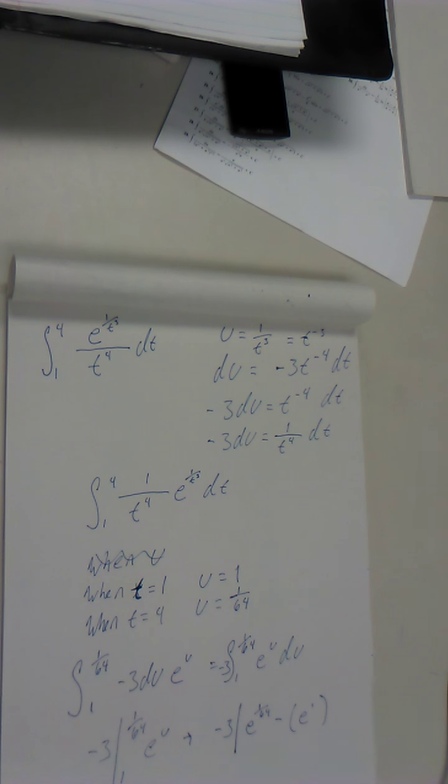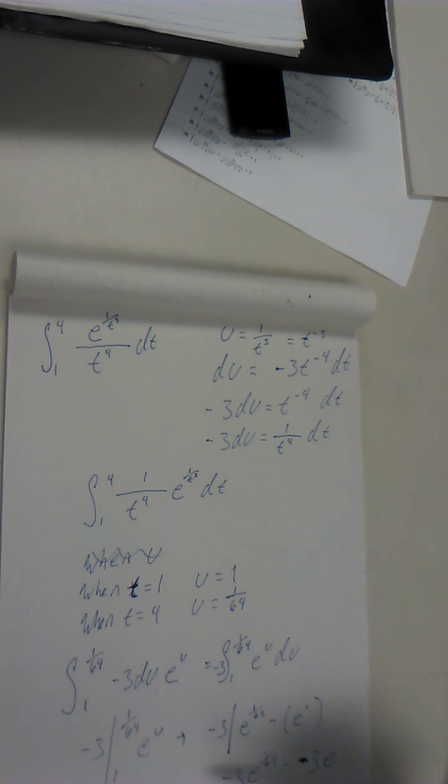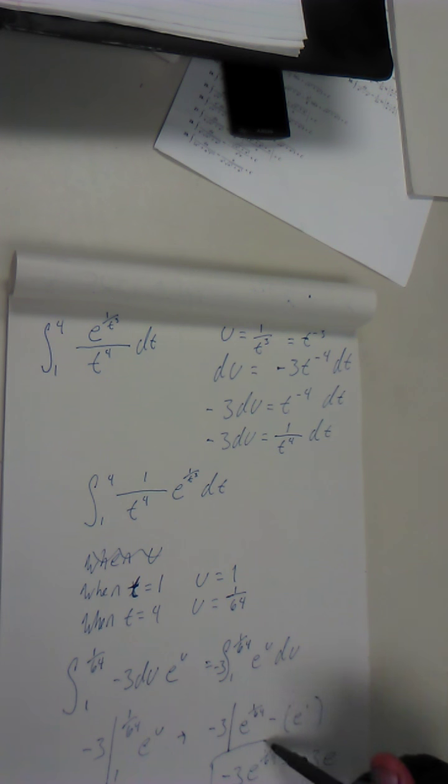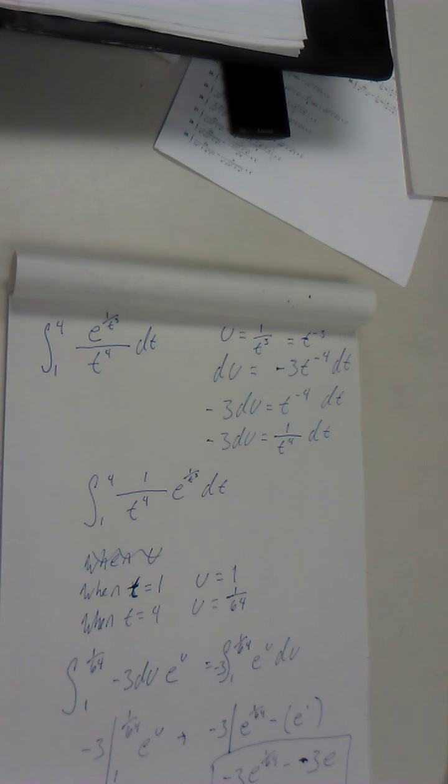Remember, e to the 1 is just simply e. So when we distribute this negative 3, we're looking at a negative 3 e to the 1 over 64 minus a 3e. I'm sorry, minus a 3e, when you distribute that e completely. And that's your final answer.